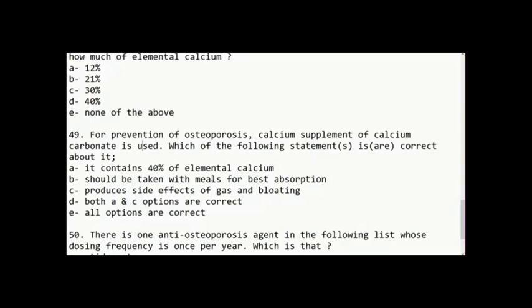This is true. Should be taken with meals for best absorption. This is also true. Produces side effects of gas and bloating. Yes, this is also the correct fact about calcium carbonate. Both A and C options are correct, and all options are correct. So now we know that all options are correct.